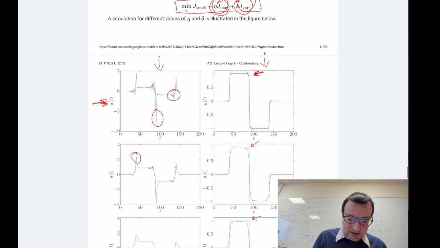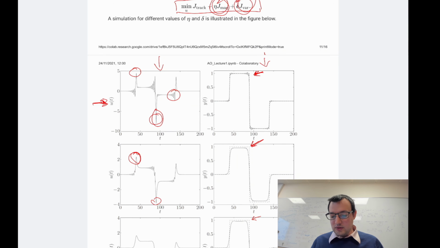And you see that now the magnitude has decreased. You see that this peak was around 5 and now it's around 2. This peak was around -8 and now it's around -4, okay? The result, however, is that the tracking gets worse, but the output Y is more smooth, okay?